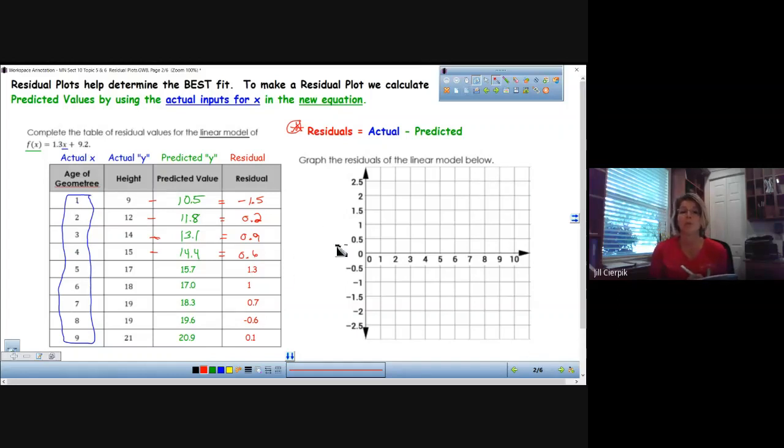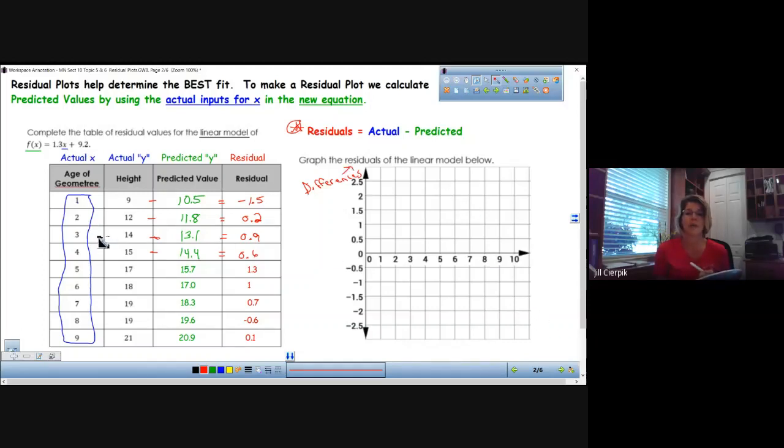Now, what I'm going to do with these values is plot these differences on a graph. You can see it doesn't look like the graph on the first page. This graph is just representing the differences between actual and predicted, and those differences are called residuals.